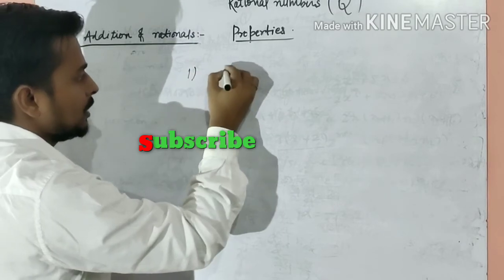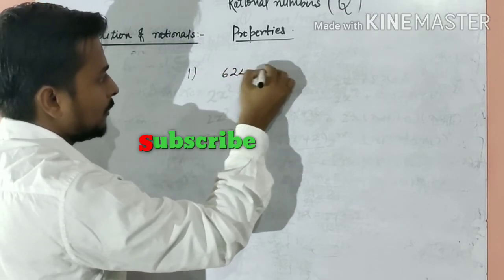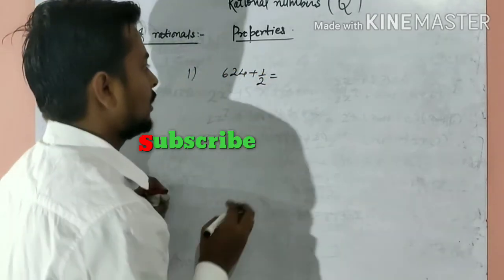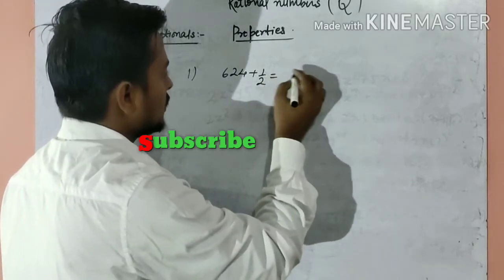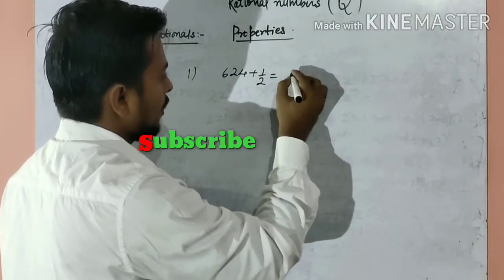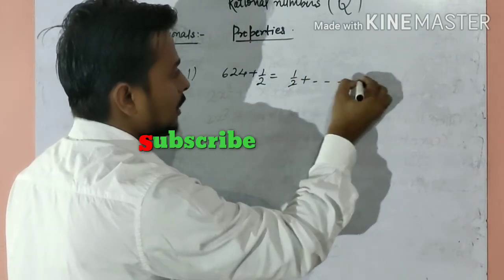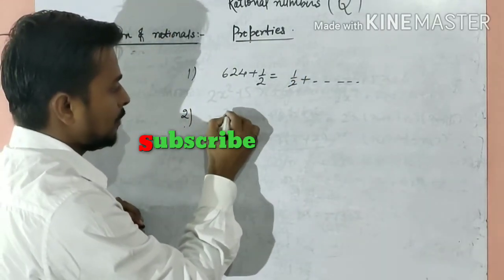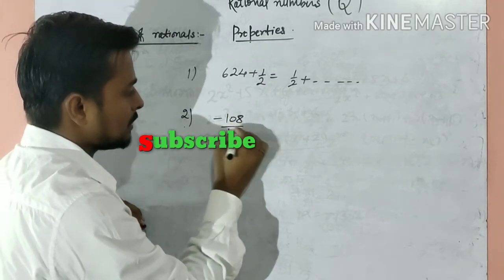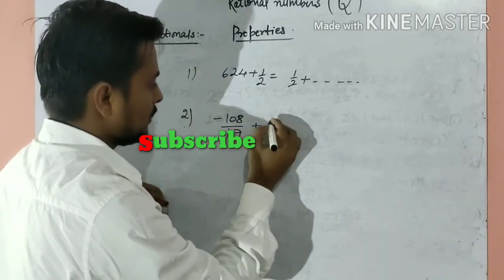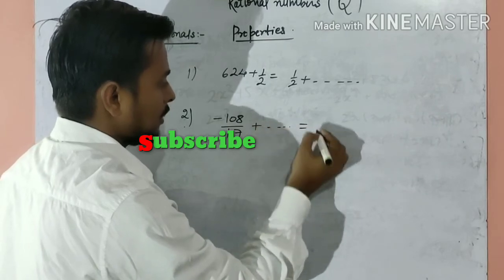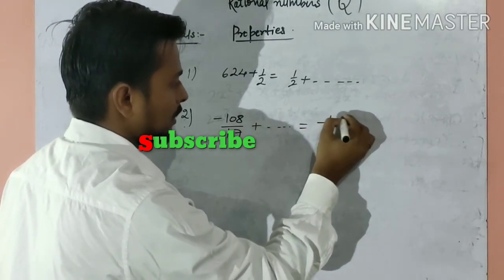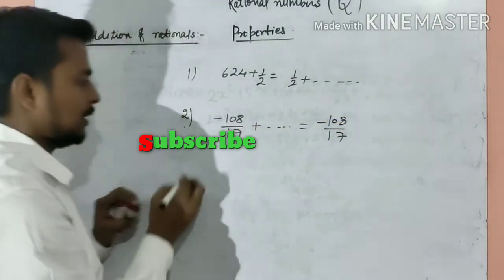The first question is 624 plus 1 by 2 is equal to 1 by 2 plus dot dot dot. Second question is minus 108 upon 17 plus dot dot dot is equal to minus 108 upon 17.